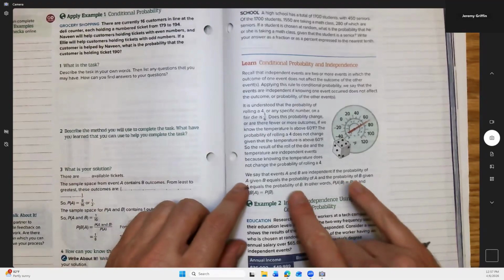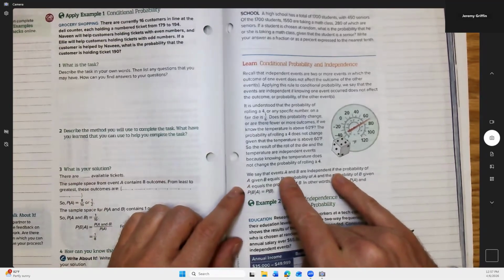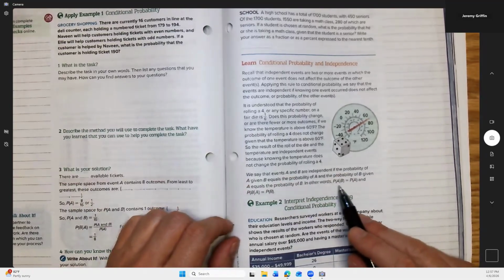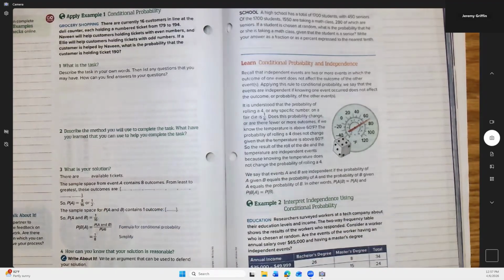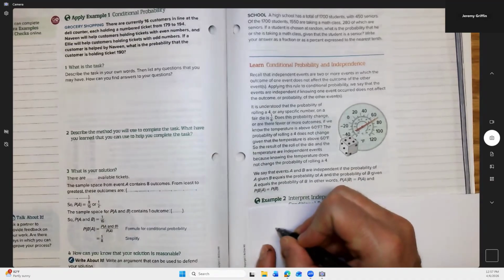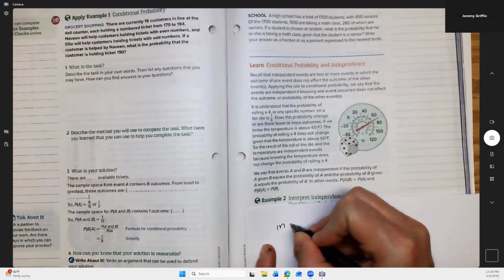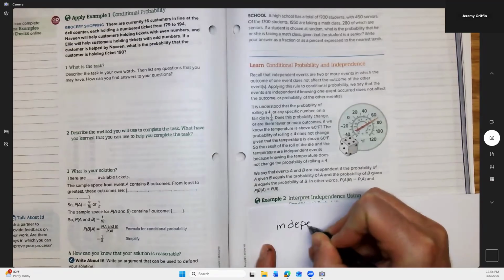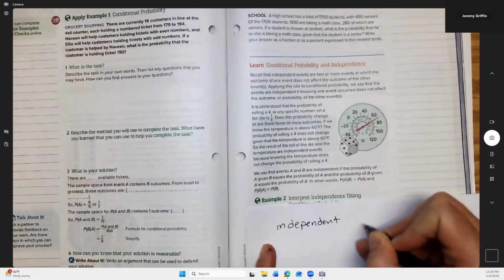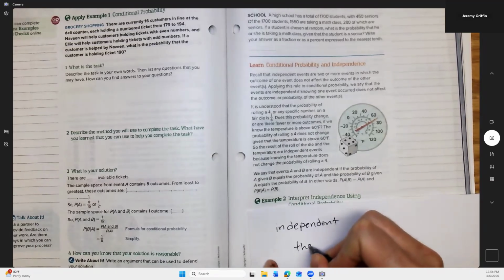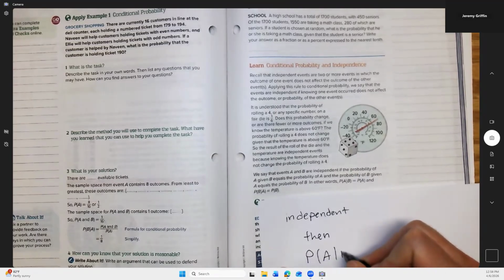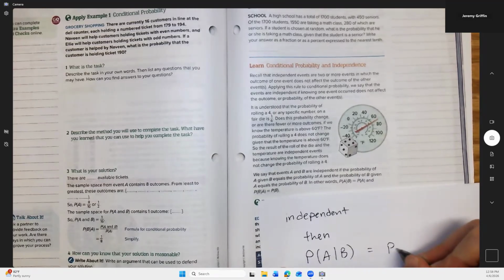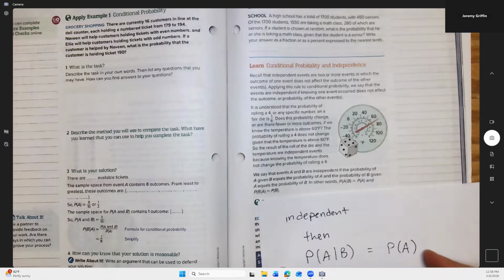So if events A and B are independent of each other, that means the probability of A given B is the probability of A. It's the same thing, so I'll write this down. If events are independent, then the probability of A happening given that B happened is the exact same thing as the probability of event A happening in general.